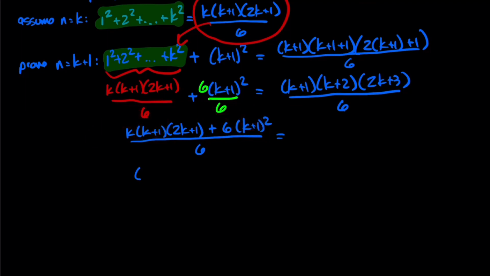So I take out a k plus 1. And then what would you have left in the parentheses? Well, you'd have everything here except that, so k times 2k plus 1 plus, and then over here, since you have two of those, you just take one away, so that leaves you with 6 times k plus 1.